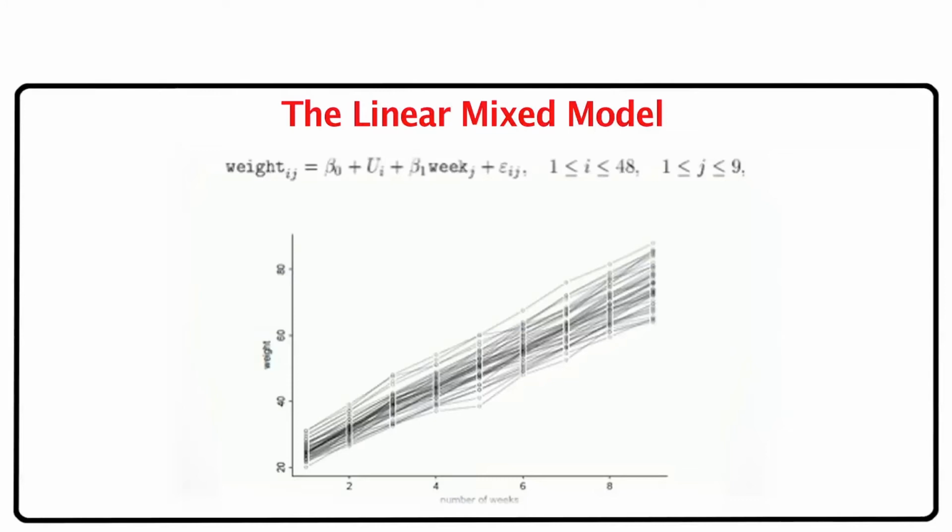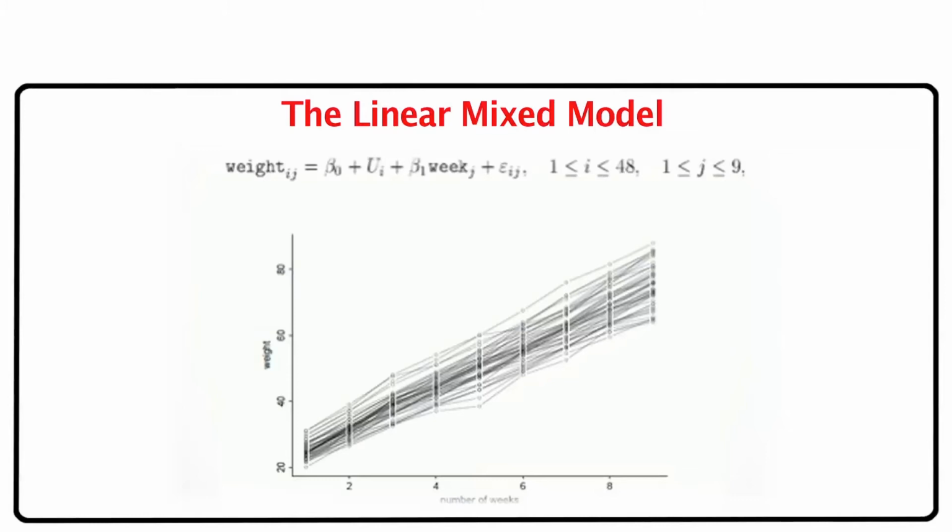The regression model corresponding to this dataset is written in this first equation. As you can see from the data, growth rate of pigs remains more or less the same. However, it appears that each pig starts out from a different point at baseline.